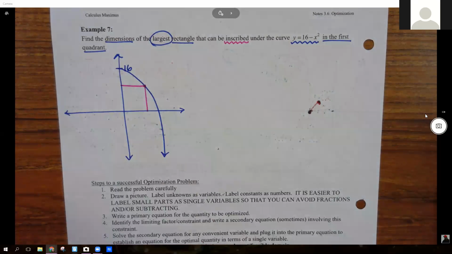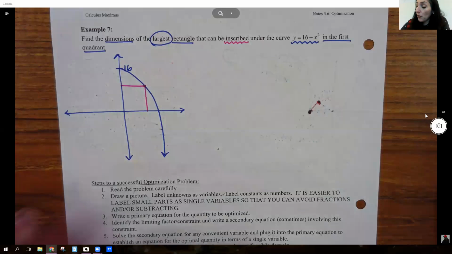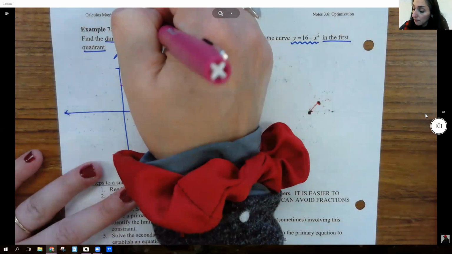Yeah. Okay. All right. So we are looking for the largest rectangle, so we are looking for a maximum.